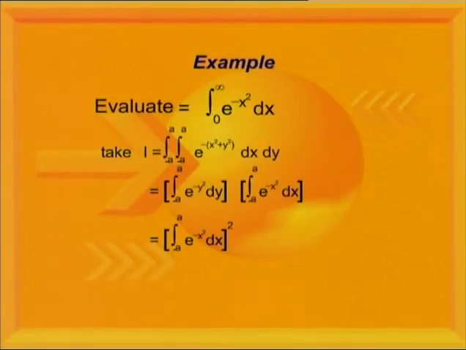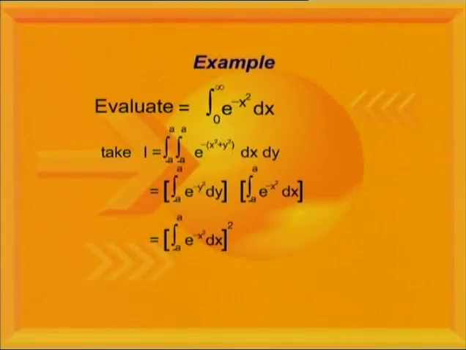Now these are two integrals, and because these are definite integrals, x and y are dummy variables. Any variable we can substitute for them. What we prefer is that we write y as x. So both become the same integrals.